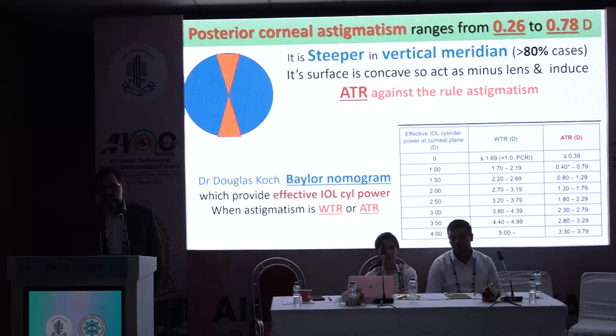Dr. Douglas Koch examined the posterior corneal astigmatism in a large population, and he gave us the Baylor nomogram, in which you will get the effective IOL position if the anterior corneal astigmatism is with the rule or against the rule, in how much amount, and how much will be the IOL power.